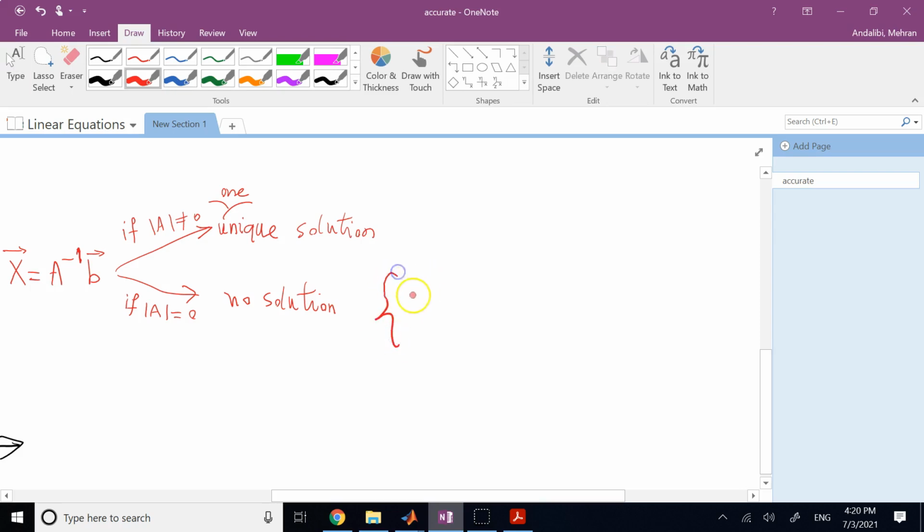So I have x plus 2y equals 3, and then 2x plus 4y is equal to 5. You know, this is not possible. Why? You clearly see my coefficient matrix here is 1, 2, 2, and 4, correct?